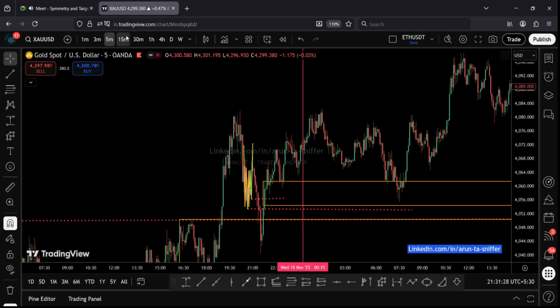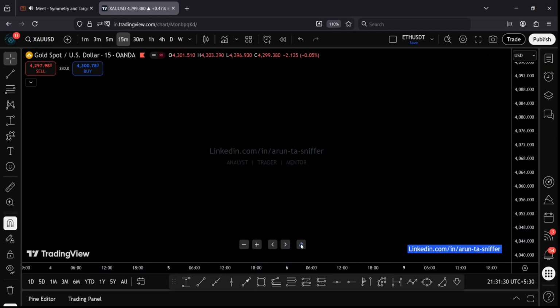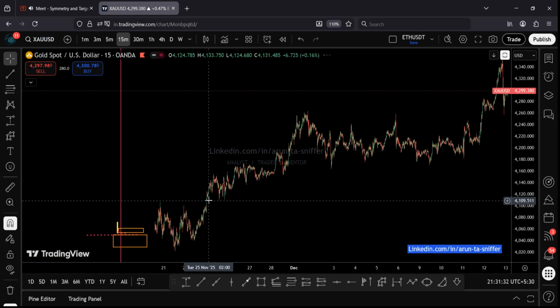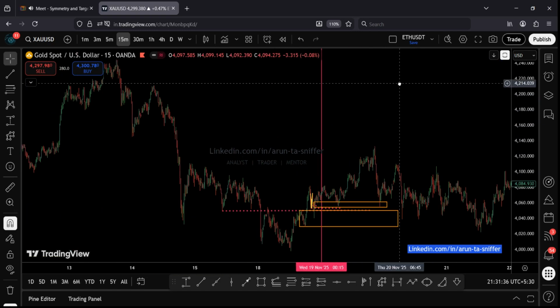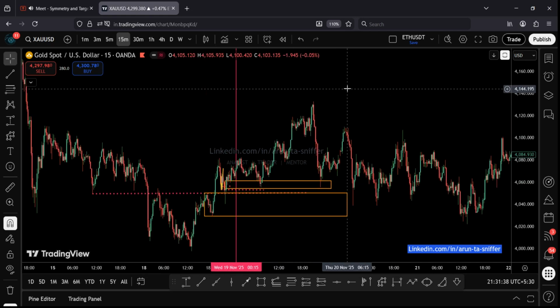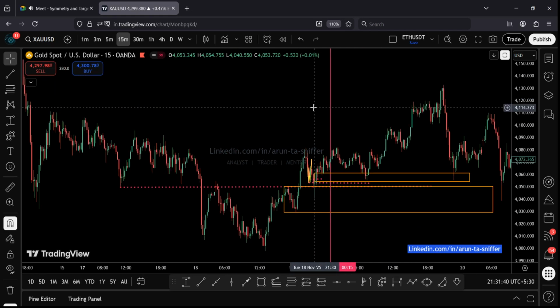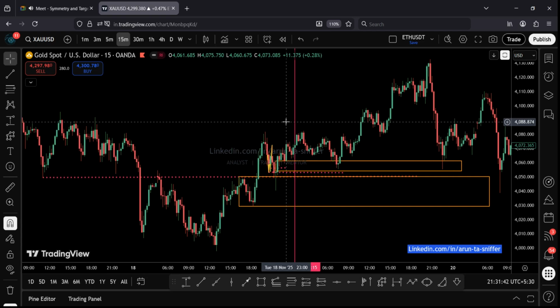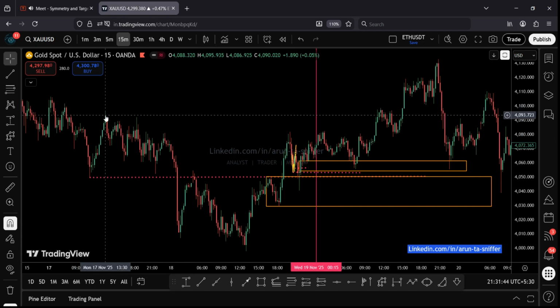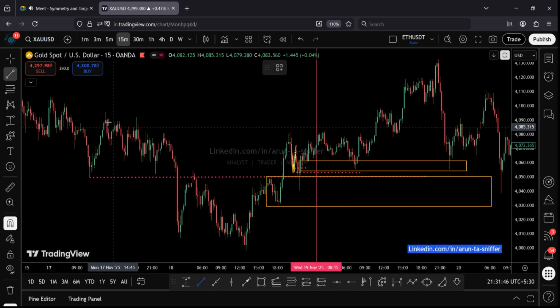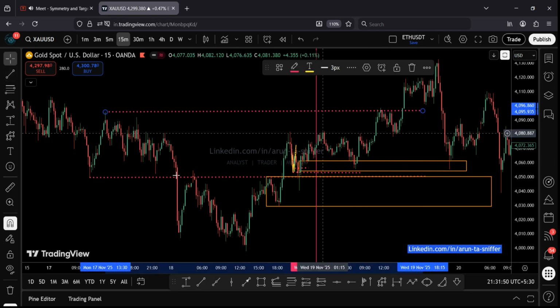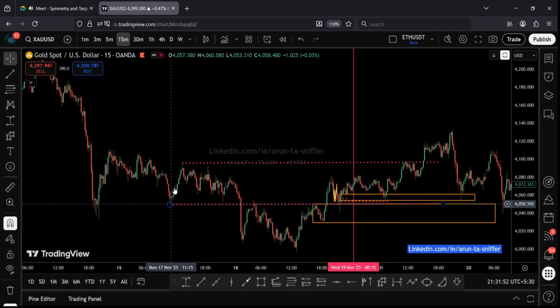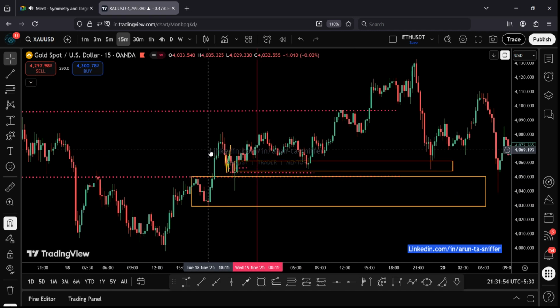What will be the minimum target? This high. The safest target will be this high. Price makes a low, then makes this high.